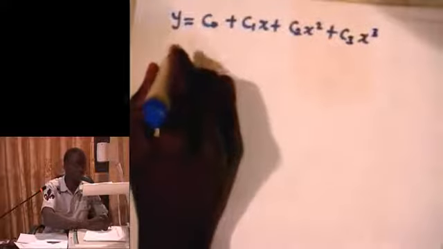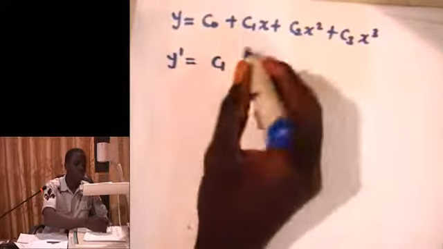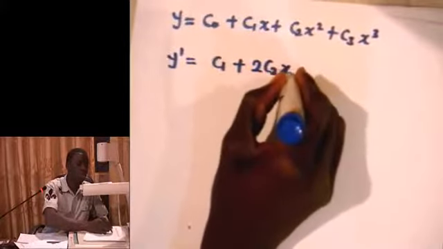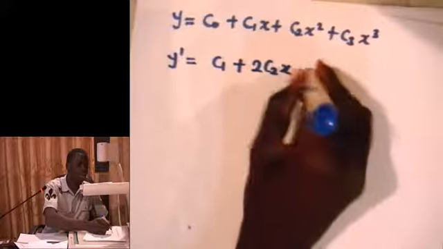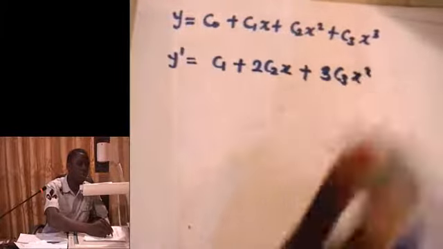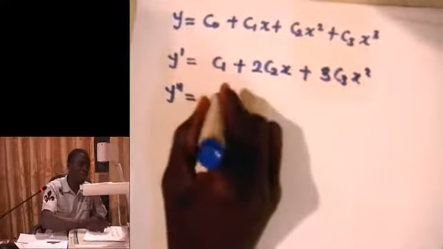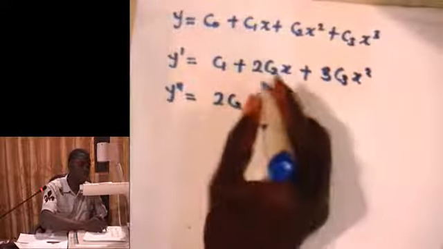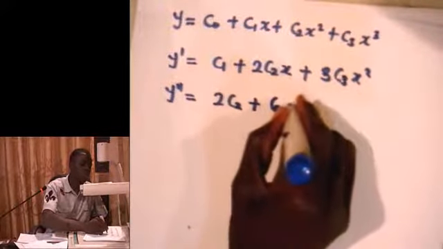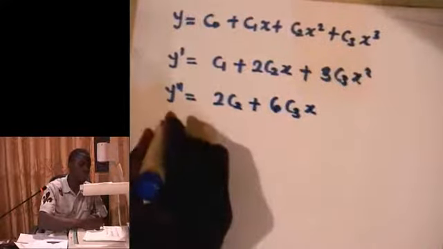So if y equals this, then y prime equals c1 plus 2c2 x plus 3c3 x squared. Y prime prime equals 2c2 plus 6c3 x.